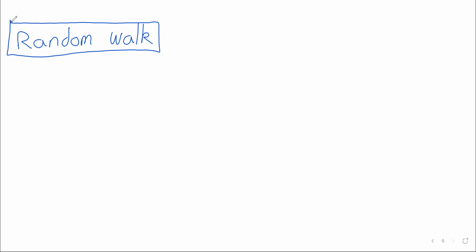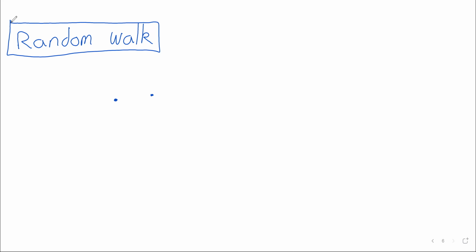Let's give a random walk example, and then let's use this as our gateway into actually doing some linear algebra. A random walk occurs. I mean, in one sense, all Markov chains are basically random walks. It's just that a random walk is a very literal way of thinking about it.